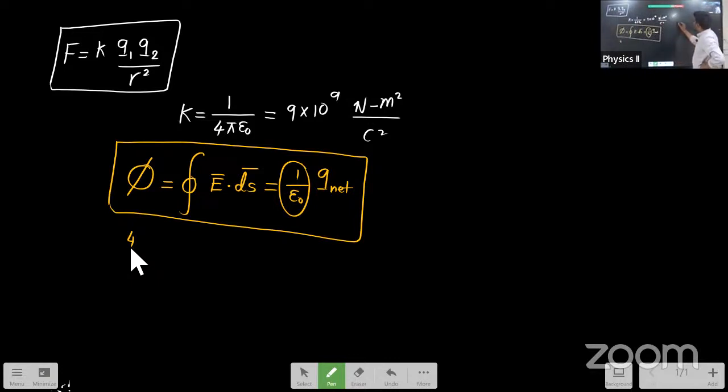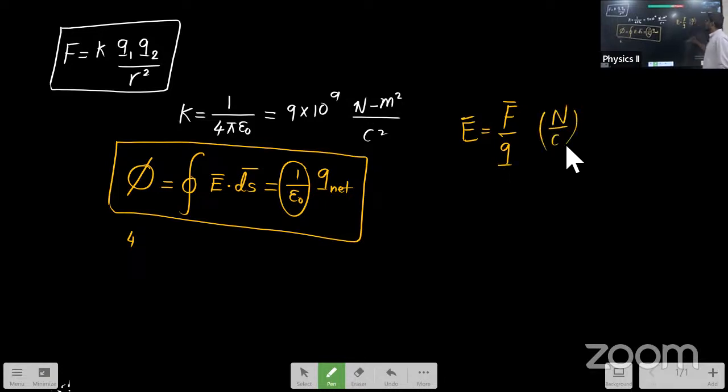What was the definition for electric field intensity? Electric field intensity was defined as electric force acting per unit positive charge. And what was the unit for electric field intensity? Newton per Coulomb. Further, we derived one formula for electric field intensity due to a point charge.